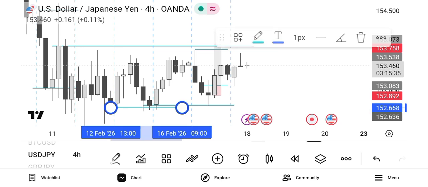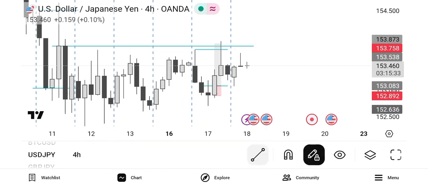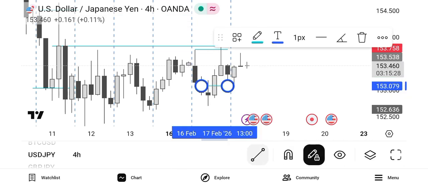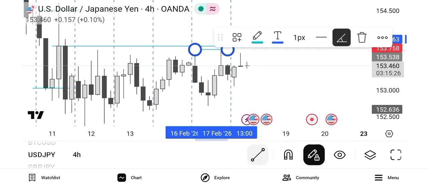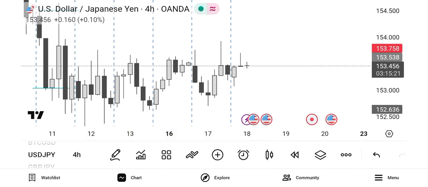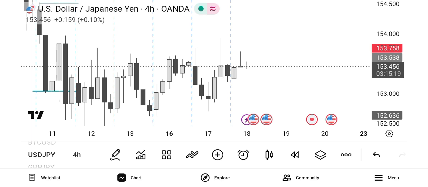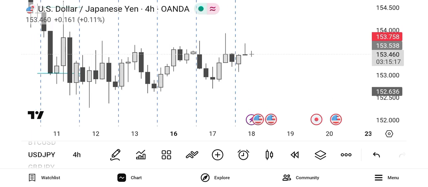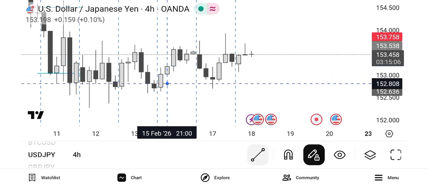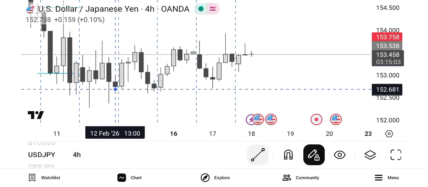Let me clear everything around here. So you see now, we start with a liquidity sweep, rejection block, all those. For this setup, the first thing was this liquidity sweep.